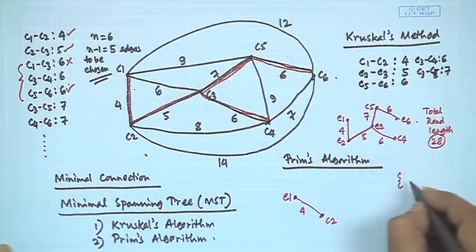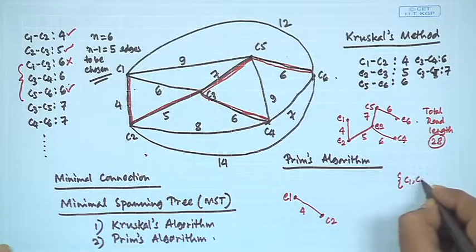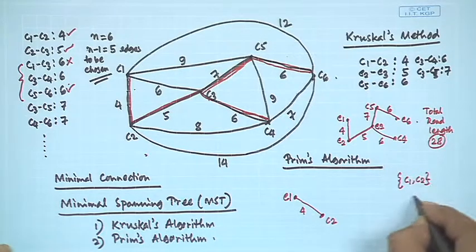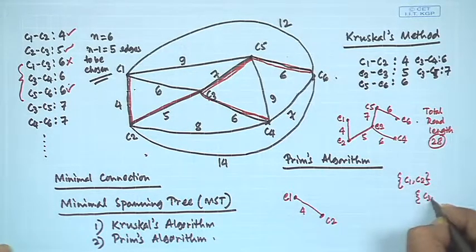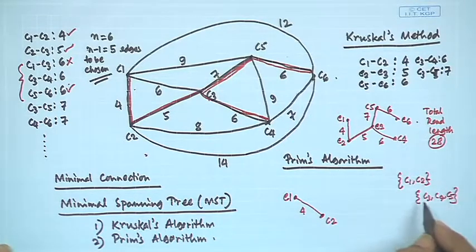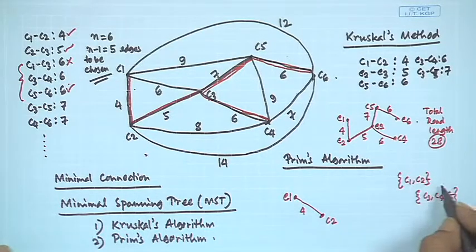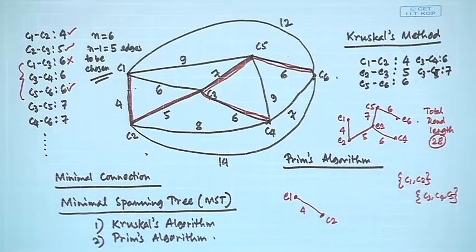You see what has happened, we have now divided the entire space into two. One is C1 C2, another is C3 C4 C5. So you have to now look at all possible connections between C1 C3, C1 C4, C1 C5, C2 C3, C2 C4, C2 C5 and see which one is the lowest.